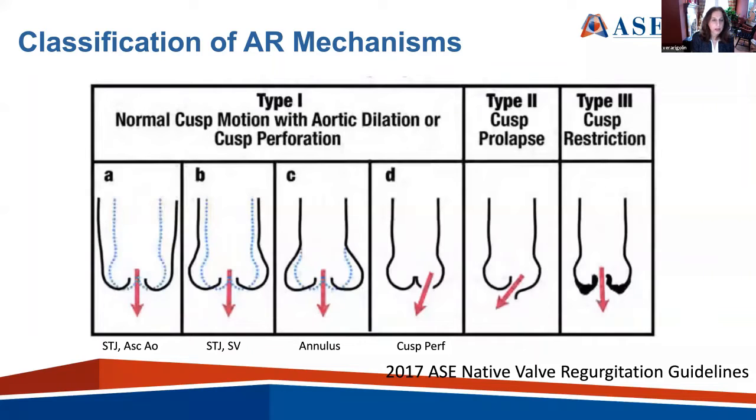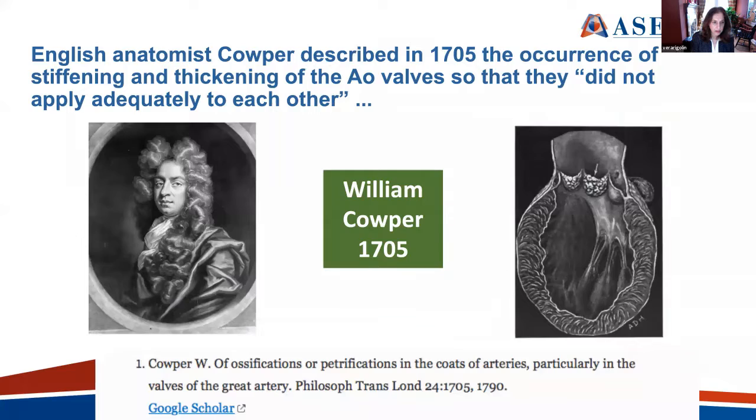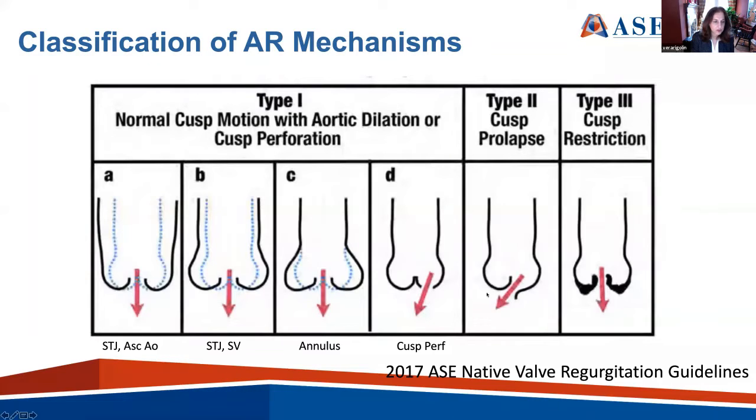Type 1 lesions are due to normal cusp motion with aortic dilatation or cusp perforation. So a type 1A is due to enlargement at the level of the sinotubular junction and the ascending aorta.